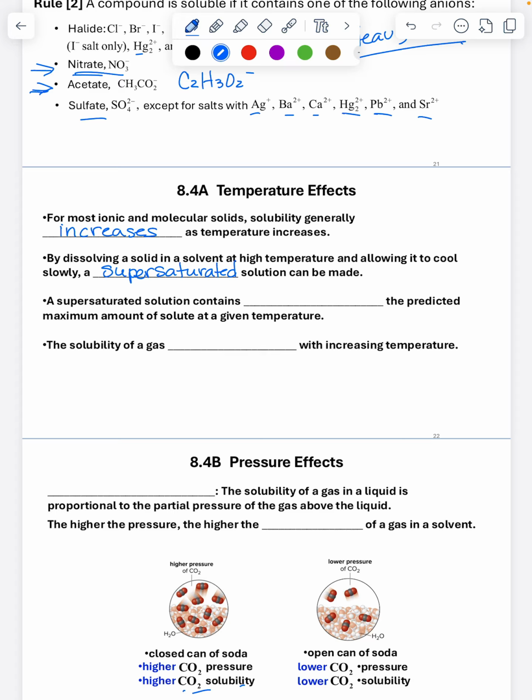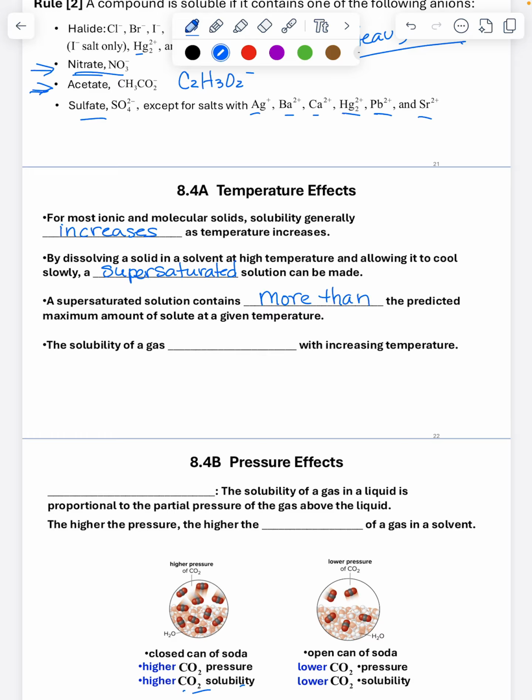That is formed by this idea of heating the water up to very high temperatures, adding more sugar than would normally dissolve, and then cooling it very slowly, and then these sugar crystals form. So that's called a supersaturated solution. It contains more than the predicted amount of solute at a given temperature. So as we said, for most things, the solubility increases as the temperature increases.